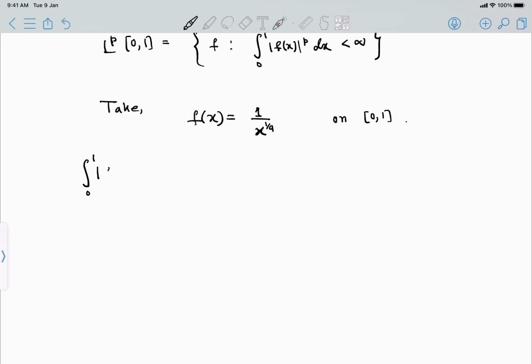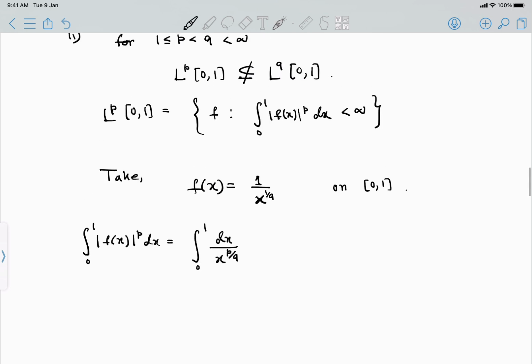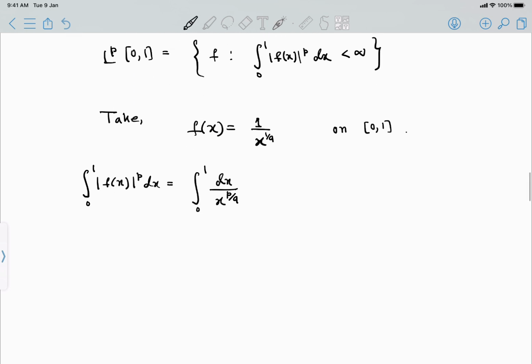The integral from 0 to 1 of |f(x)|^p dx is the integral of dx by x to the power p by q, and we know p is strictly less than q.